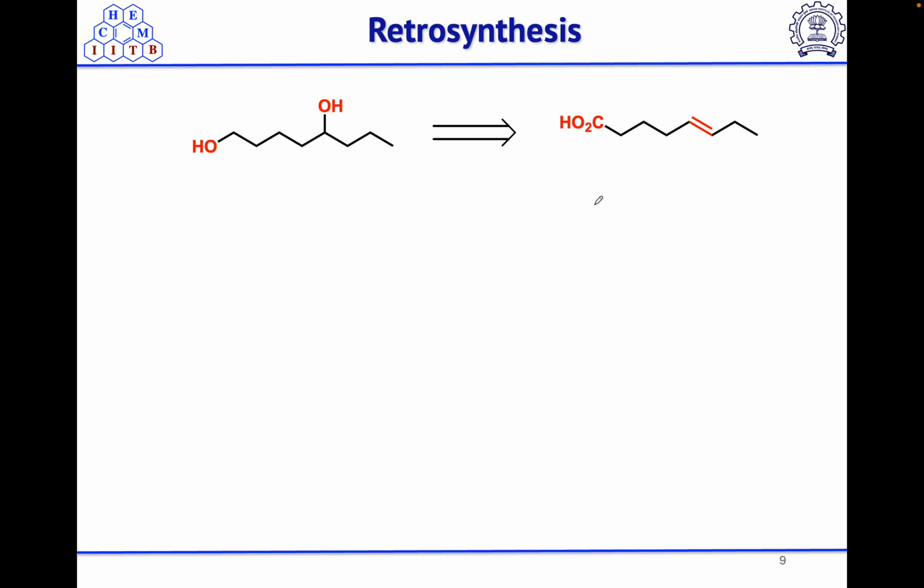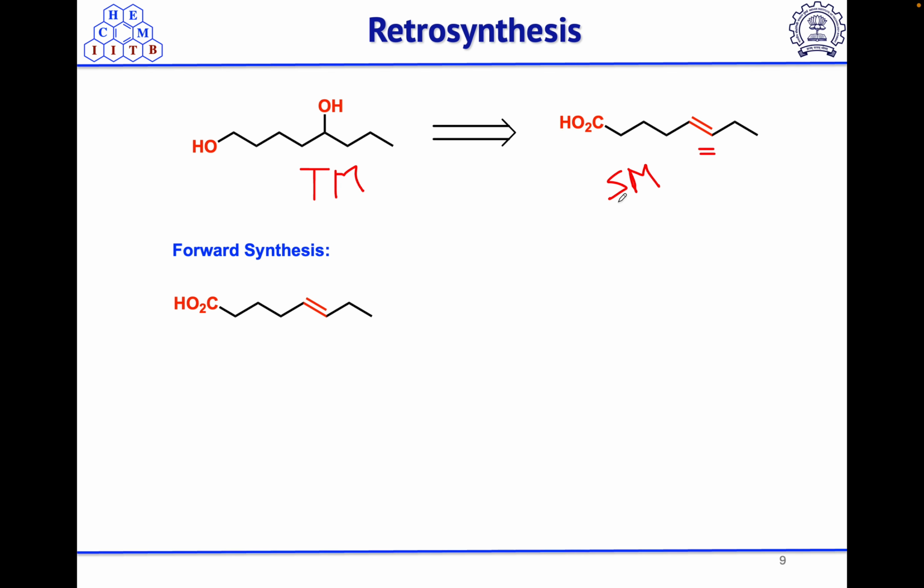We can have this starting material having an olefin here. So the retrosynthetic analysis is this. The target molecule is already given to you, and the starting material is also given to you. Now this is the retrosynthetic plan: how we can get this target material from this starting material.